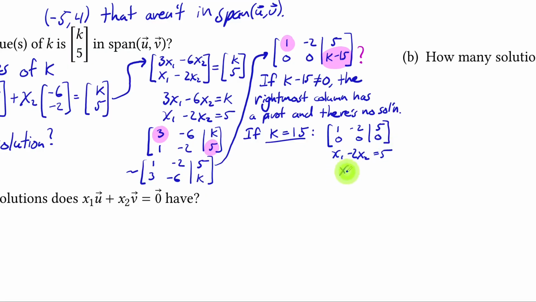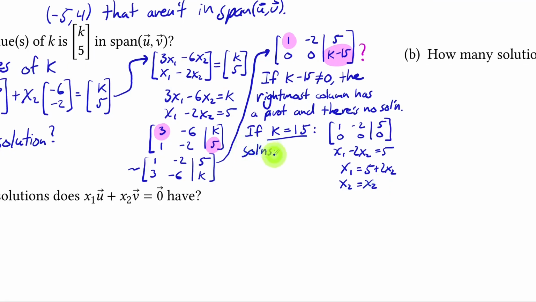We can solve for x1 in terms of the free variable x2. One example of a solution would be if x2 is 0, x1 will be 5. Likewise, if x2 is 1, then x1 will be 7.